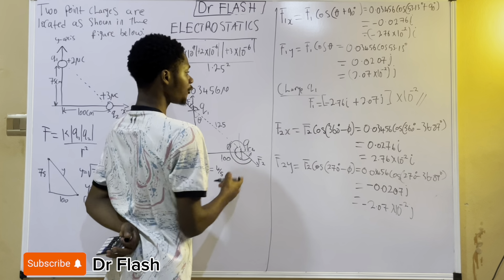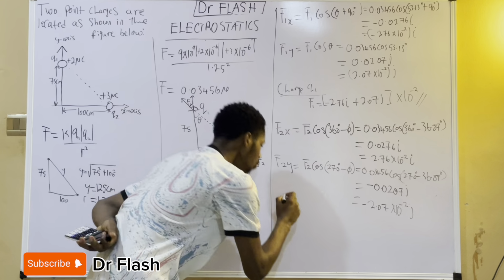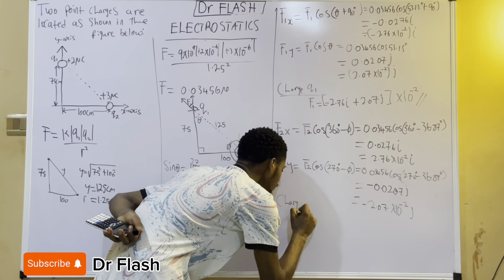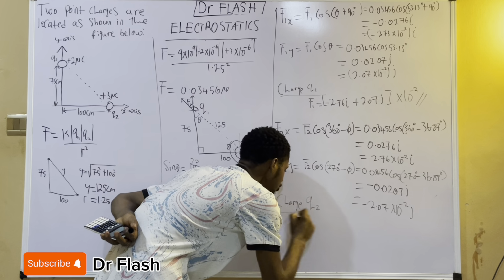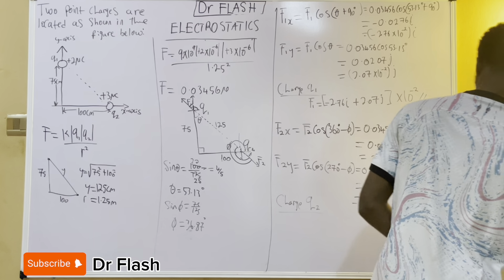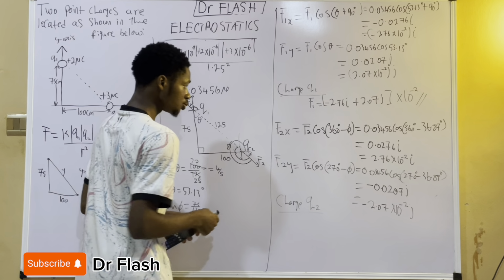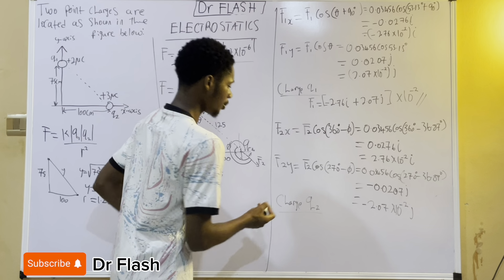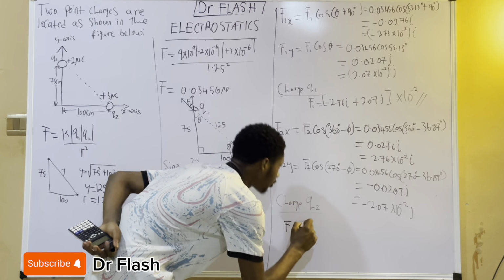So for charge Q2, we are going to have F1 equal the sum of these two.